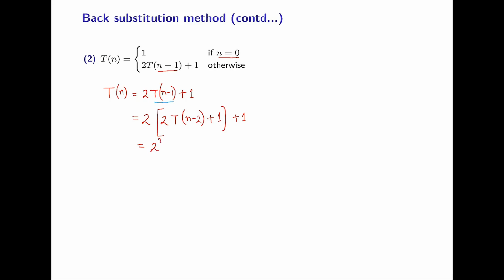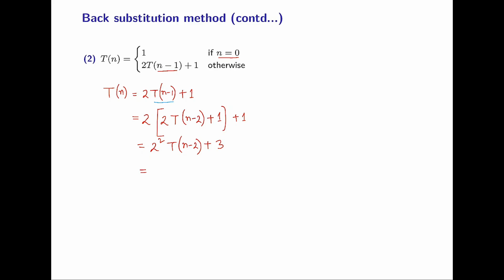So 2 squared T(n minus 2) plus, it will be 2 into 1 which is 2, 2 plus 1, which is 3, right?